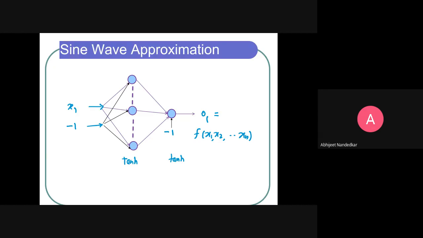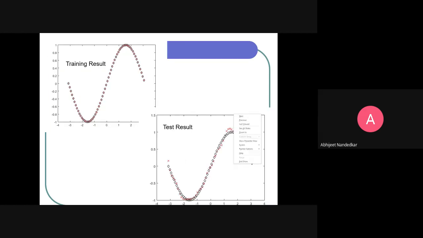So suppose I am doing sine, then I am going to use a nonlinear activation function here and here. Let us say tanh. So output will be in the range -1 to +1.